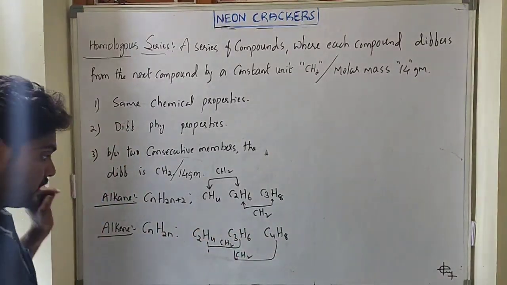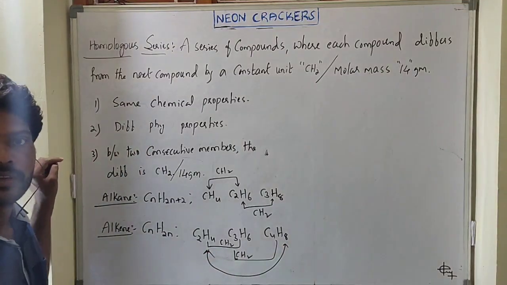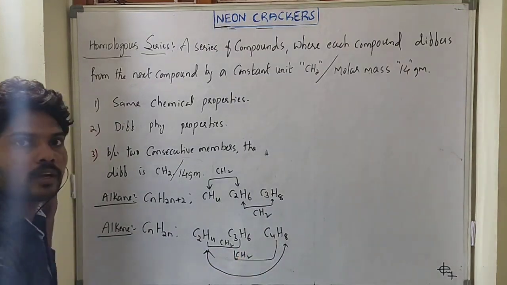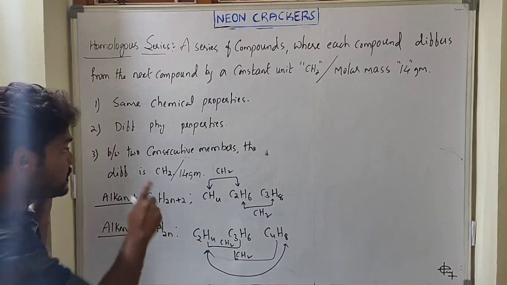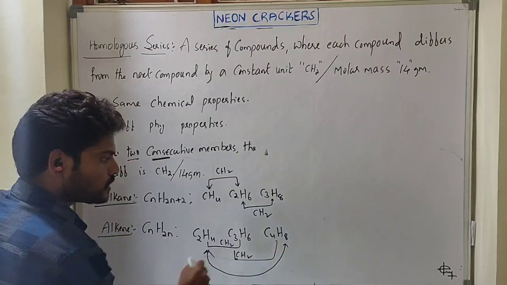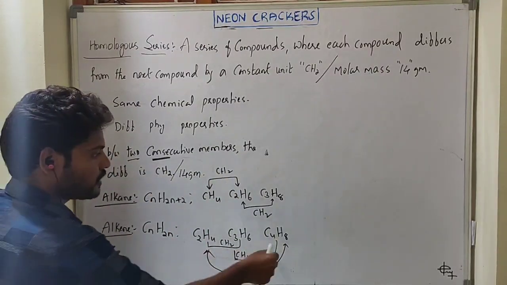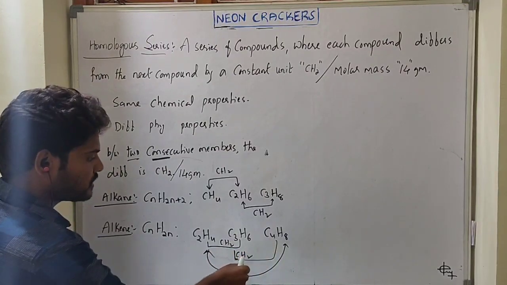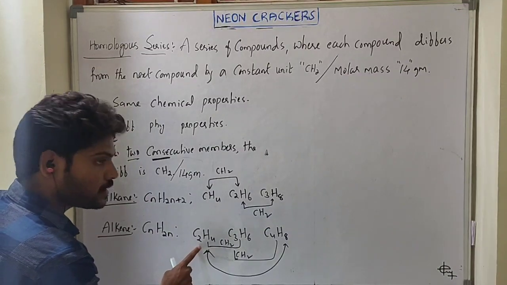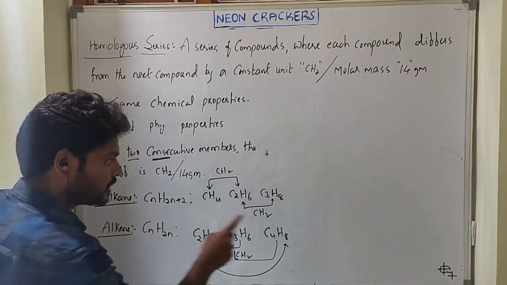And another important thing. If we check first and third, the difference is not CH2, but we can say these two also belong to the same homologous series. Then what is the condition? Two consecutive members. These two are not consecutive. If they were consecutive, there should be a CH2 difference, but since they are not consecutive members, CH2 is not applicable. But we can say this is the first member of the homologous series, this is the second member, this is the third member.